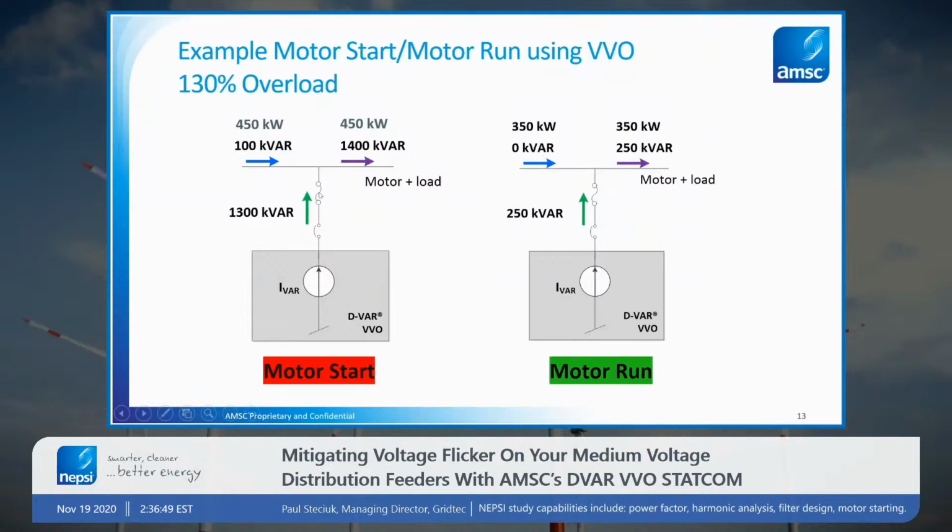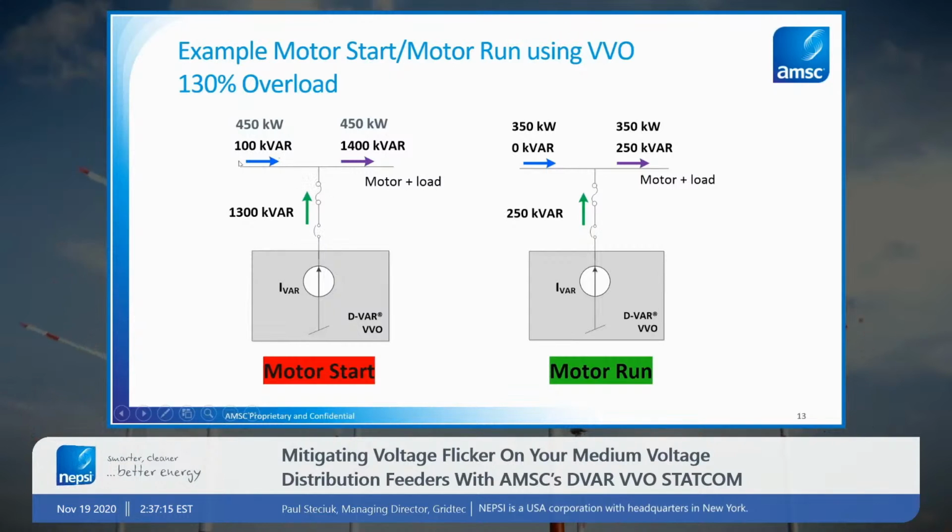Here's just a single line view of that same principle of operation. So the purple represents the inrush power characteristic of the machine. This is showing during an inrush event that the STATCOM is now providing 1300 kVAR of reactive current, and that's including the overload capability.